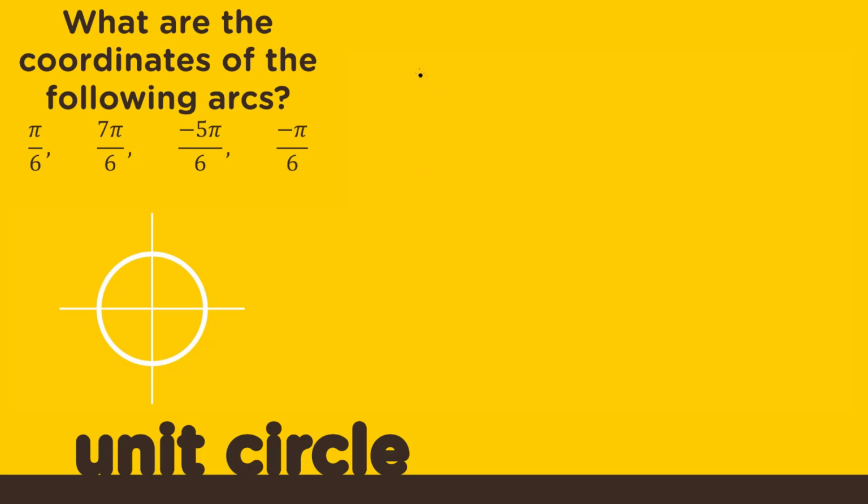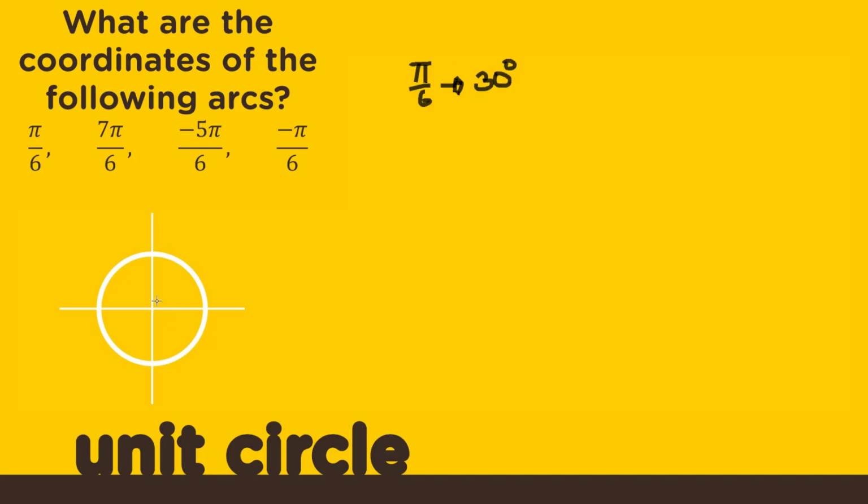We have here pi over 6. We already have the video for this, where we analyzed how to solve for the coordinates, but this is actually equivalent to 30 degrees, right? We used that in the previous video.